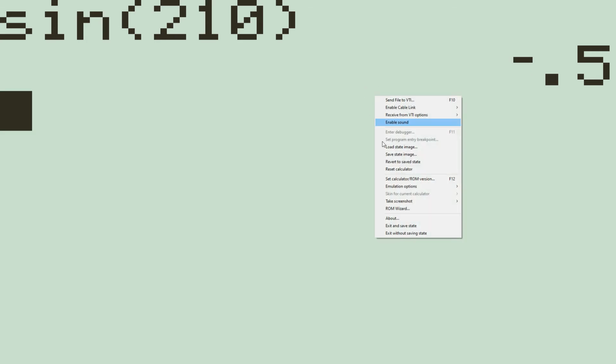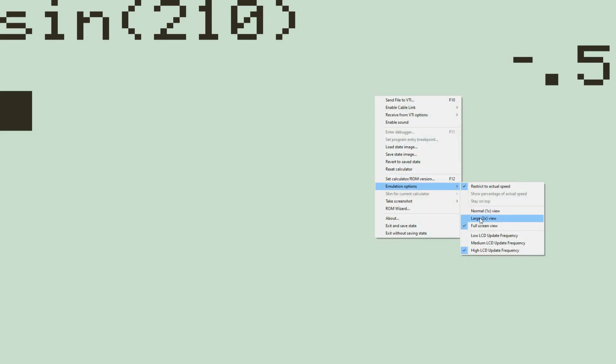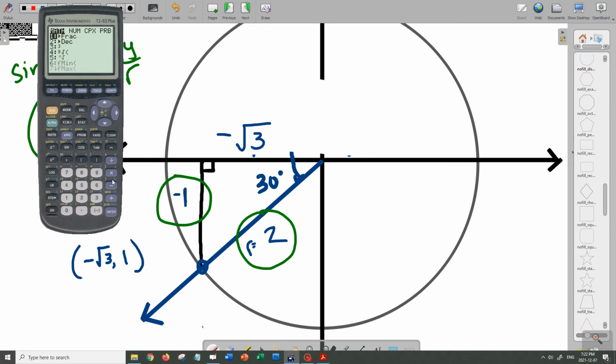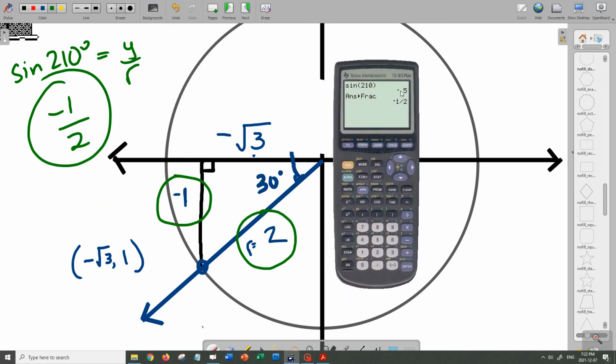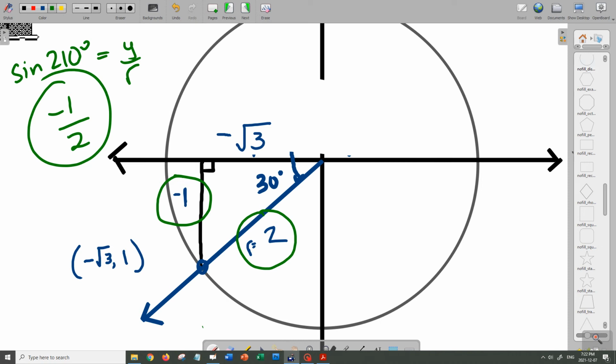If you hit the math button, this is the limitation of the calculator, math fraction, you should only be allowed to see negative 1/2. That's the maximal idea that you can see exactly. Although conceptually, you're supposed to get that without the use of technology. That's the whole point. Okay, let's move on to the next one, shall we?